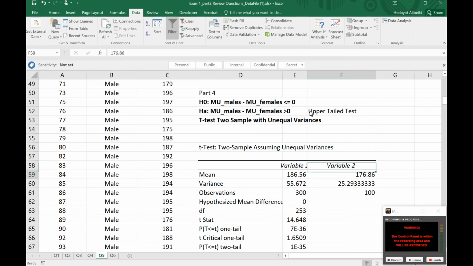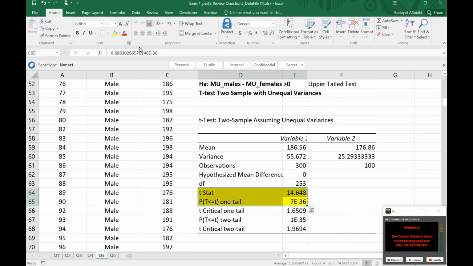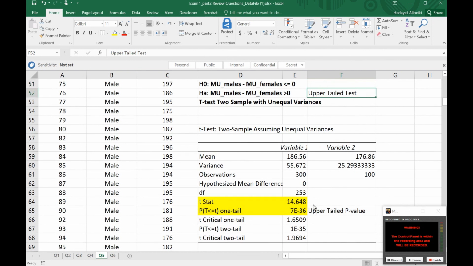If you remember, this tool only gives us the one-tail p-value, but to see whether it's an upper tail or lower tail p-value, you just need to look at the test stat, and if the test stat is positive, this is the upper tail p-value. And that's exactly what we're looking for. We have an upper tail test and we have the upper tail p-value.